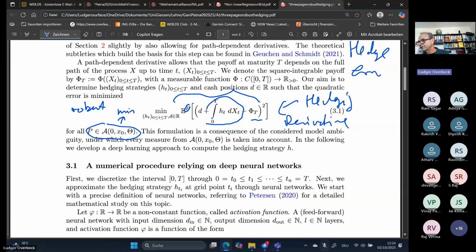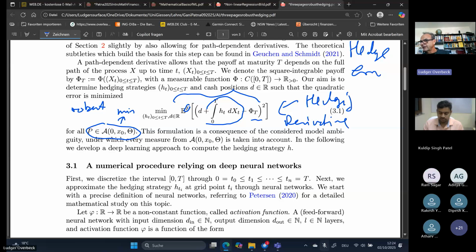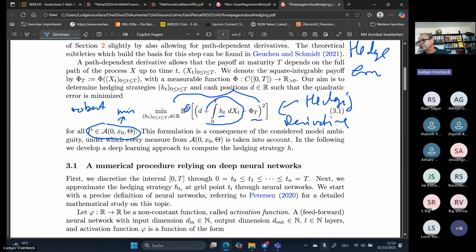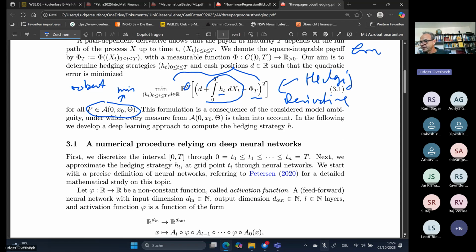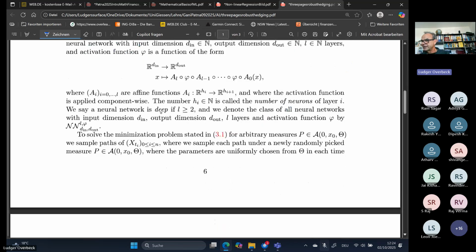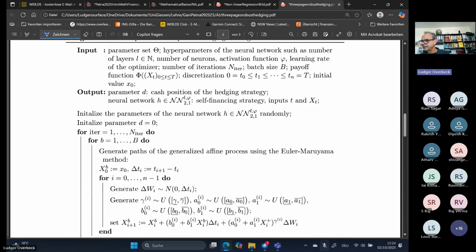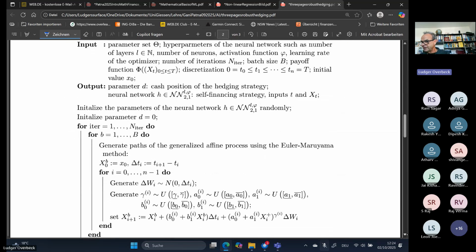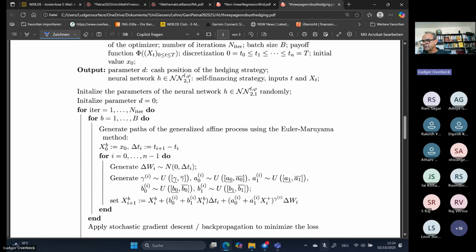You don't know which model you have, and then you solve this problem, which gives you the least wrong hedge over all potential models. You take this neural network and you run this algorithm, where your data are now generated according to your parameters, but the parameters are random.